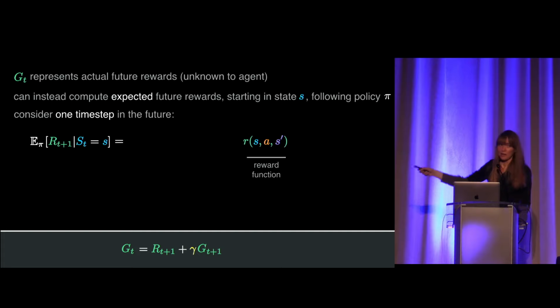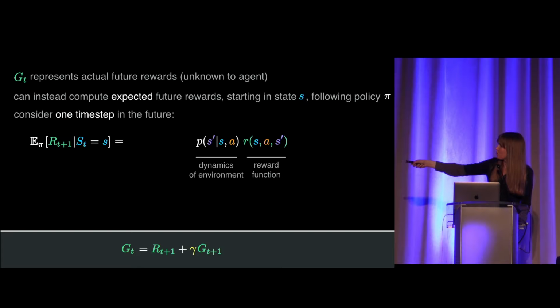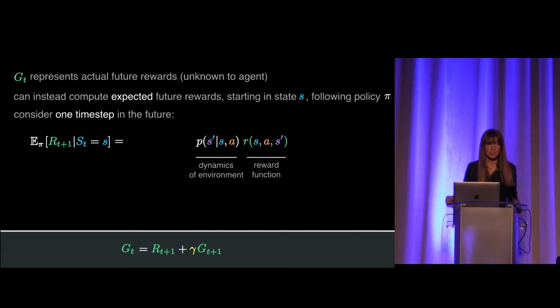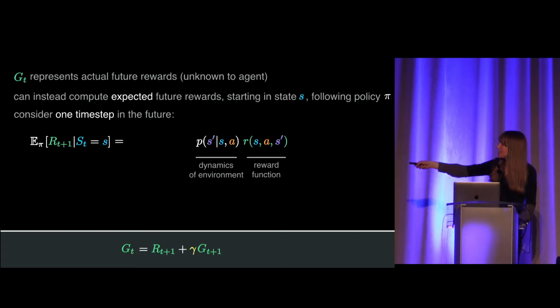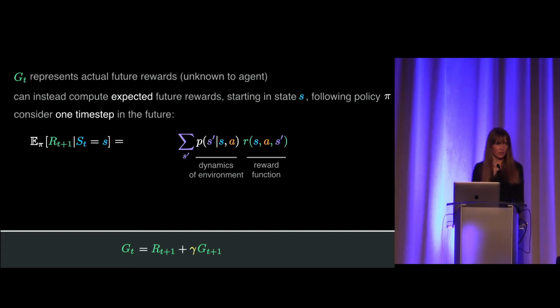Now, a and s prime are things that we don't know, and so we're going to average over those. So we can weight this reward function by the dynamics of the environment, which tell us how likely it is to move from state s to state s prime if we take the action a. And given that we don't know this state s prime, we can sum over this.